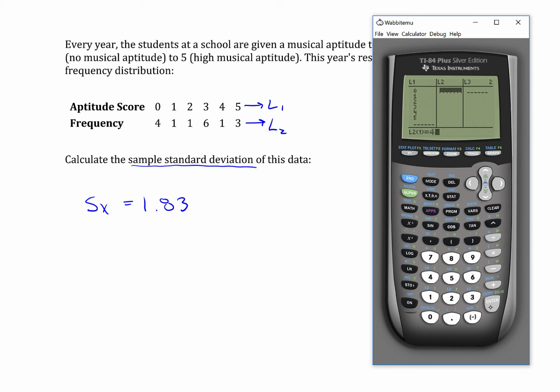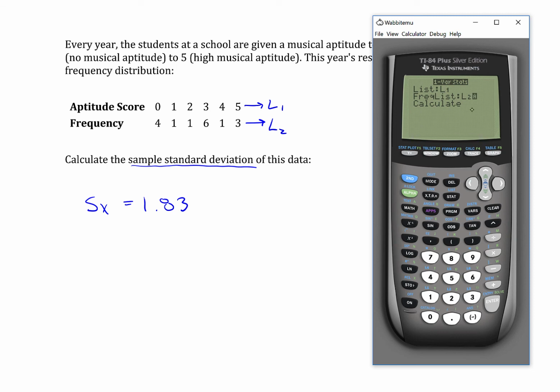So the value 0 occurs 4 times, 1 happens once, 2 happens once, 3 happens 6 times, 4 happens once, and 5 happens 3 times. Now, the calculator will interpret that correctly, provided that when you do your one-var stats, you give it a frequency list in L2, which is where we put it, but wherever you have it is fine.